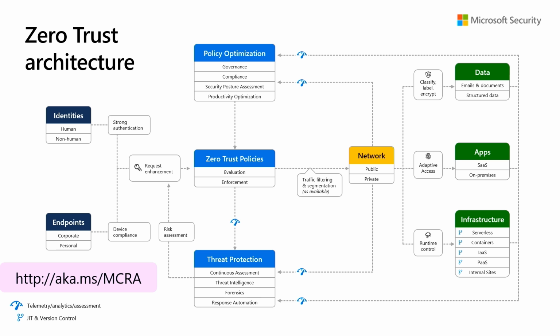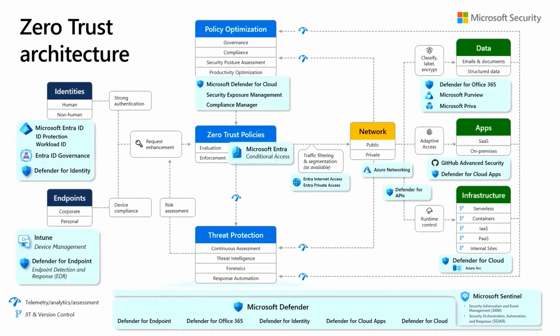It looks at the signals from the key areas and makes sure users get only the access that they need, no more, no less. If you would like to dive deeper, take a look at the Microsoft Cybersecurity Reference Architecture for guidance on how to plan your end-to-end security architecture using the Zero Trust principles.